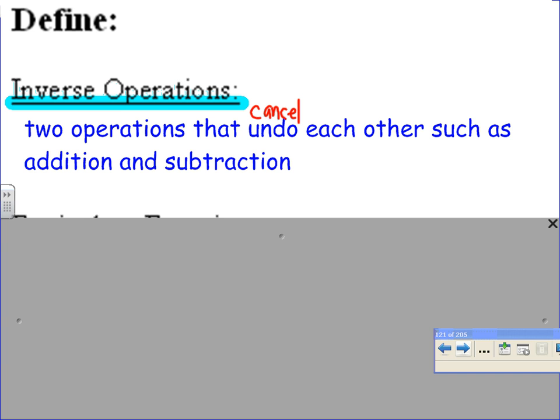Kind of like -2 plus 2 is 0. 5 plus -5 is 0. -3 plus 3 is 0. Too easy. Those are inverse operations. They're operations that undo each other.